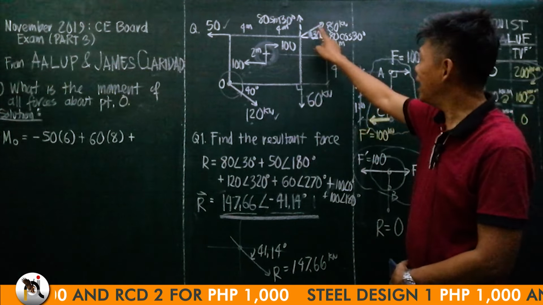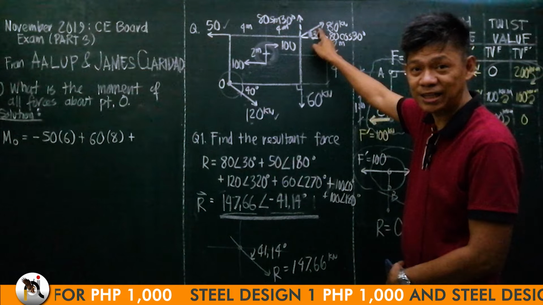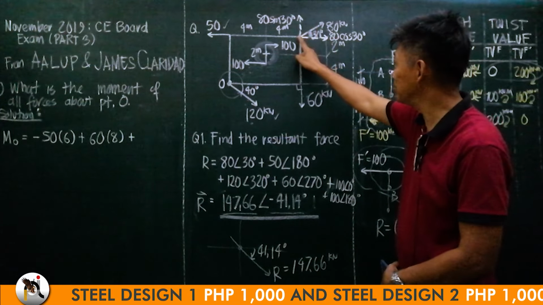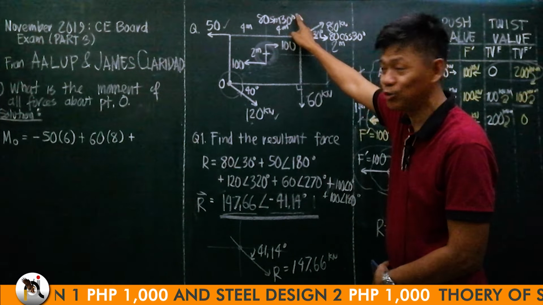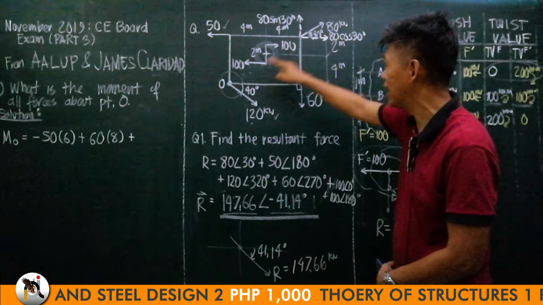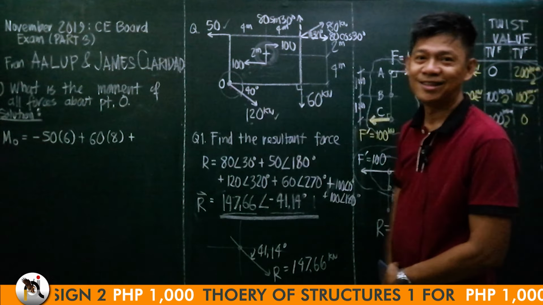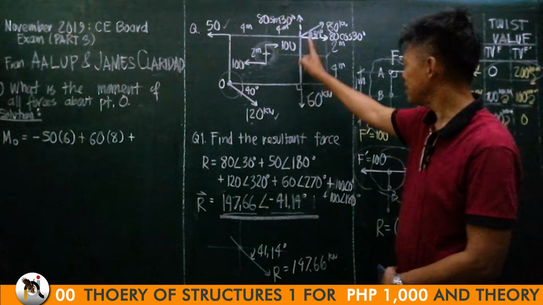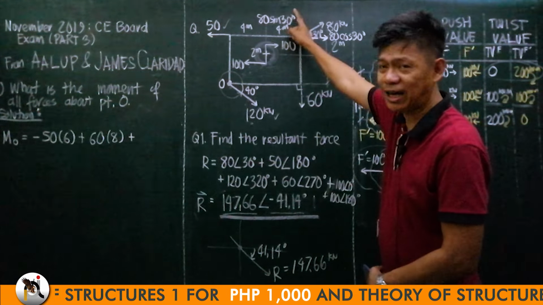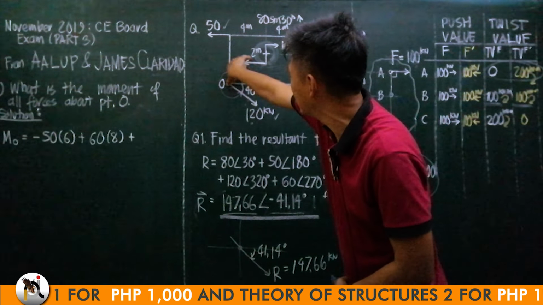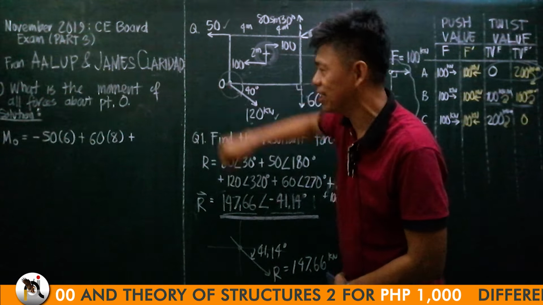So, I will deal with 80 kilonewton in terms of the twist value of this vertical and horizontal about O, or moment instead of twist value. So, this vertical will produce or will rotate the object in the counterclockwise direction.